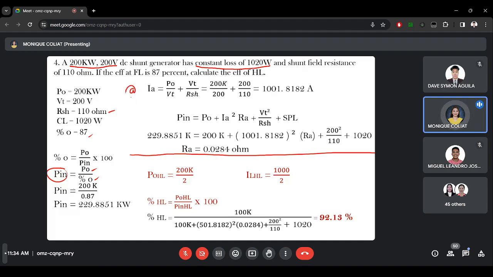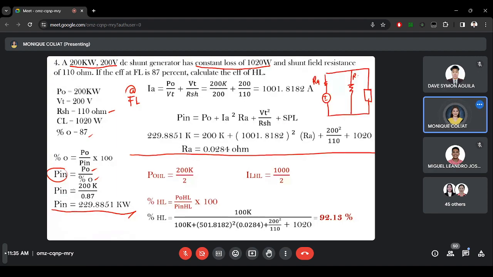So the input power of a shunt generator is PO plus IA squared RA plus VT squared over RSH plus SPL. We have PIN, we have PO, we can get IA. We don't have RA. We have VT, we have RSH, and we have SPL. So that means you need to get RA in order for you to get the half load efficiency for the next condition. You can't move to the next step without getting that RA.